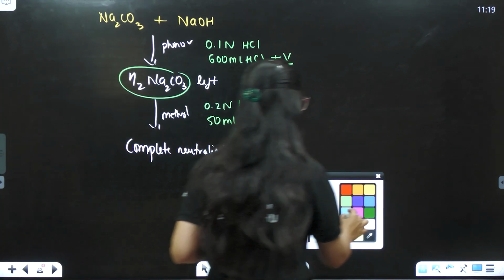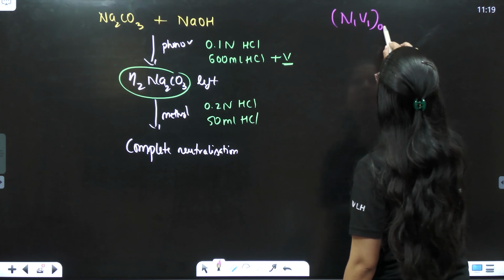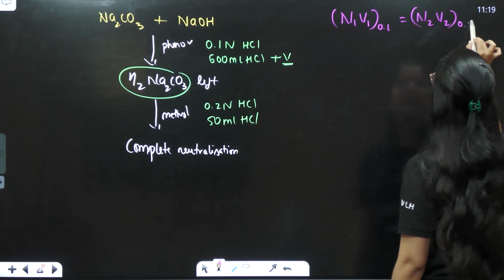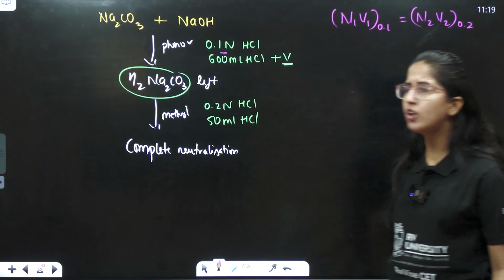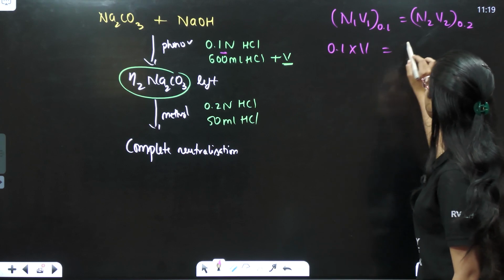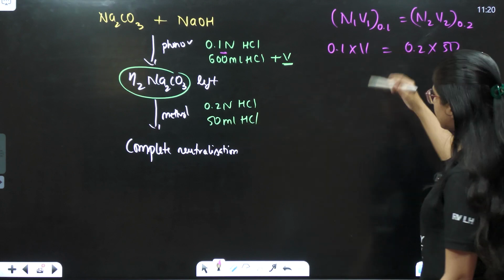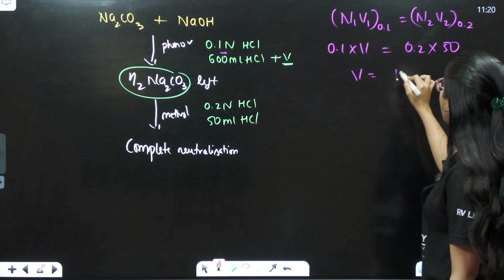You will take this formula, N1V1 of 0.1 normal equals N2V2 of 0.2 normal. Which volume do you have to identify? The volume of the 0.1 normal. So it will be 0.1 into volume equals 0.2 into the volume required, 50. So we get the volume as 0.2 divided by 0.1 times 50, that is 100.